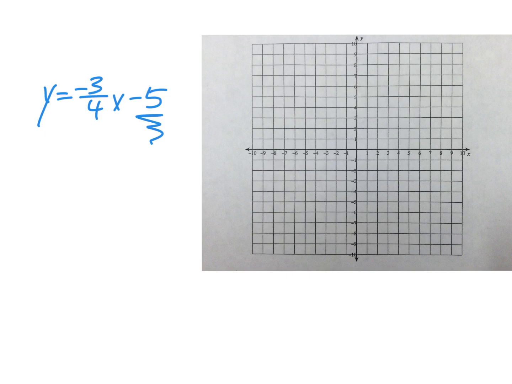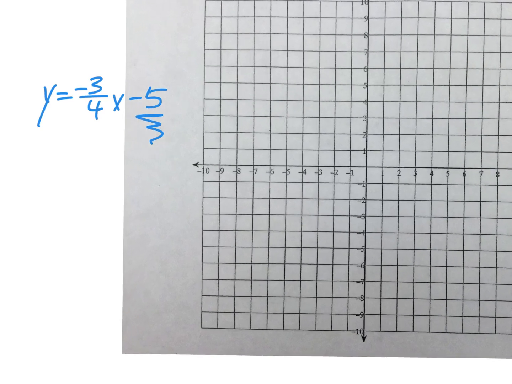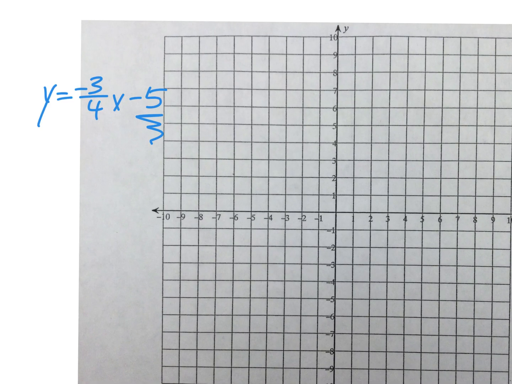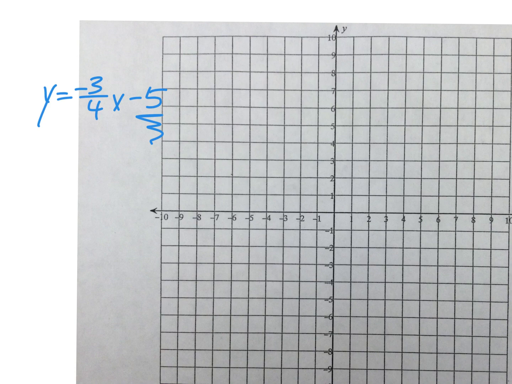So I'm going to go to negative 5. I'm going to expand my graph a little bit here so I can see my values. So I go to negative 5 and I put my point, my starting point. Okay.